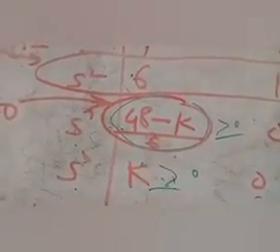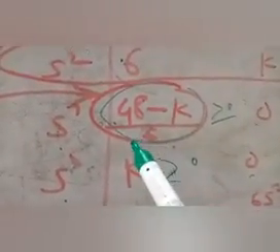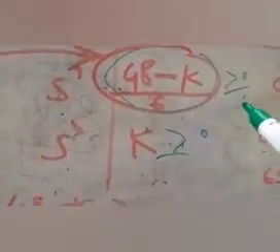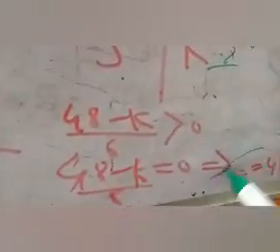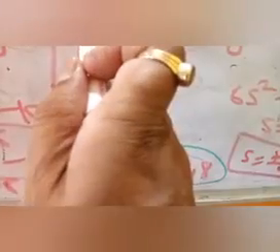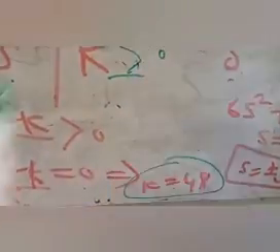So for determining this intersection point, always consider (48 minus k) divided by 6 equal to 0 and determine the value of k. K is equal to 48. When we put k equal to 48 in this equation, 48 minus 48 is 0.